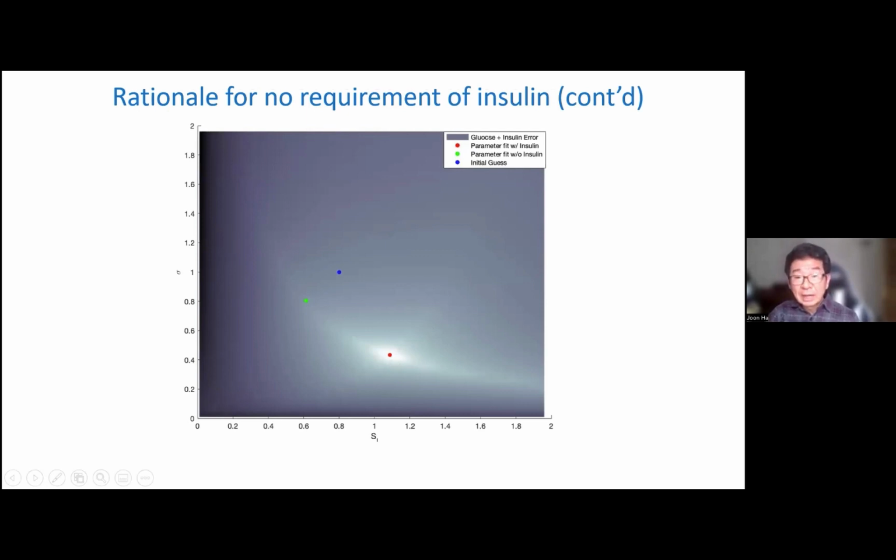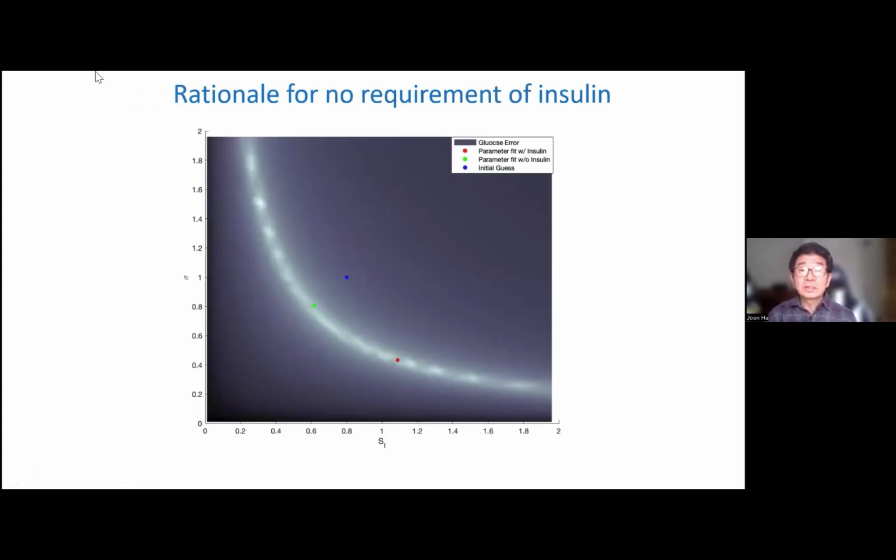Without insulin, our fitting algorithm captured the green one; with insulin, it captured the right one. However, their product along this highlighted curve is the same, so without insulin we can only get the product, as it looks like MDI.